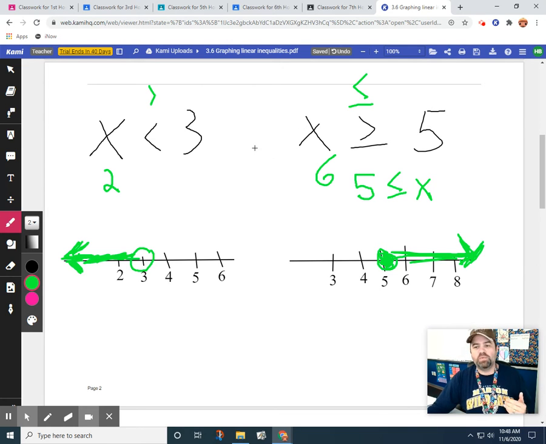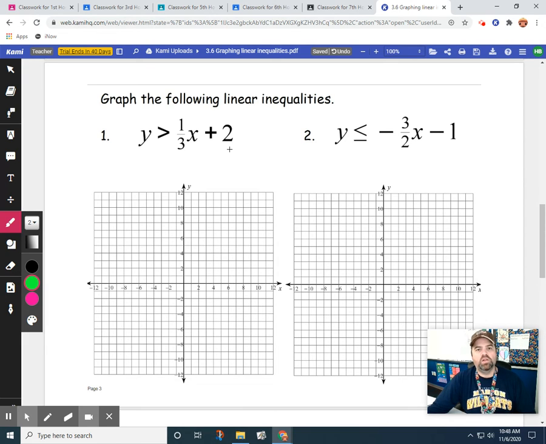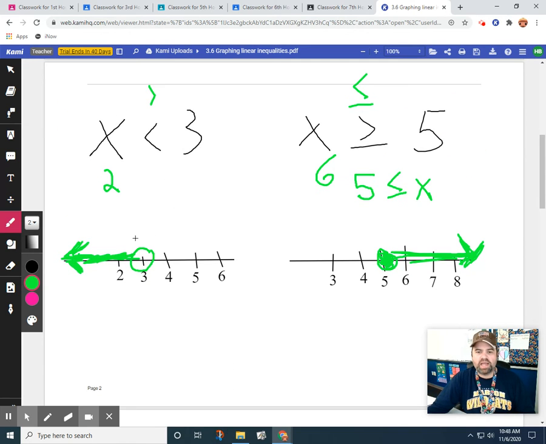Now, how this fits in with a linear inequality, it looks worse, but it's really not that bad to graph if you can graph a line. If you can't graph a line, these are going to be kind of difficult. So the big difference is our symbols here, we've got a greater than or a less than or equal to. How do you show the difference like we did back here?